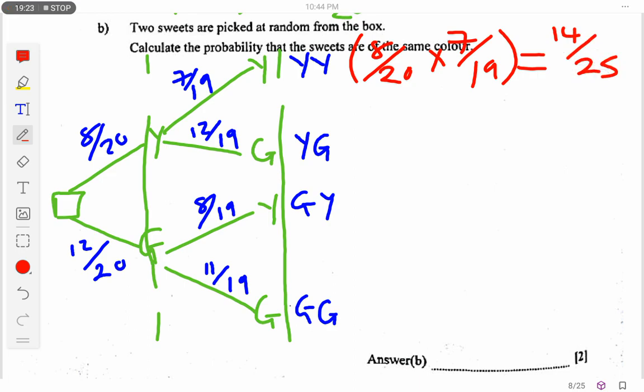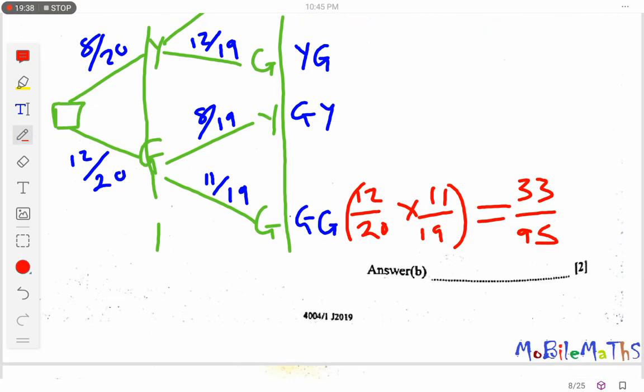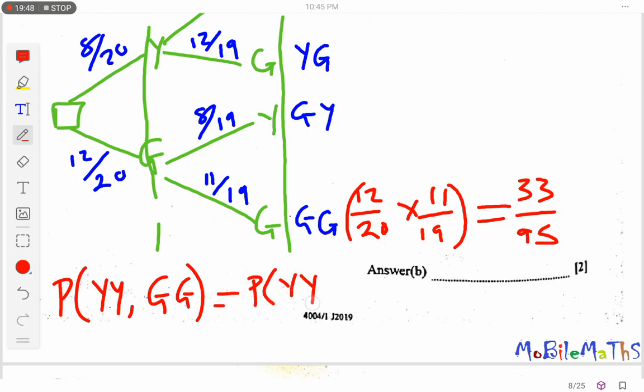Then for the green, it's going to be 12 over 20 times 11 over 19. If we multiply, we get 33 over 95. Now to get the total probability, what we do, we simply say probability of getting a yellow, yellow, or a green, green is going to be probability of yellow, yellow plus probability of green, green.